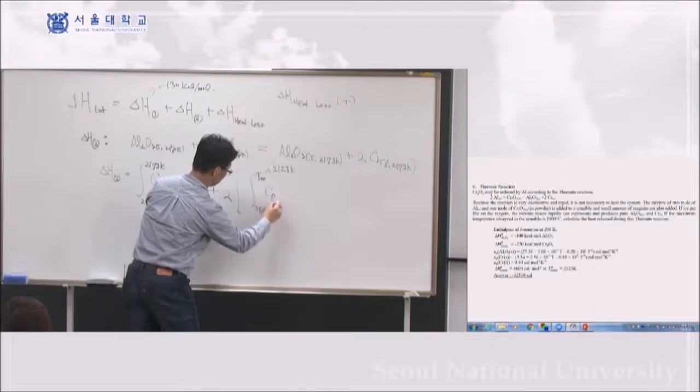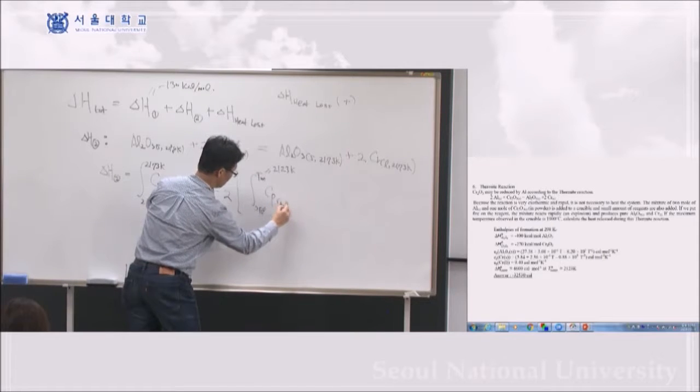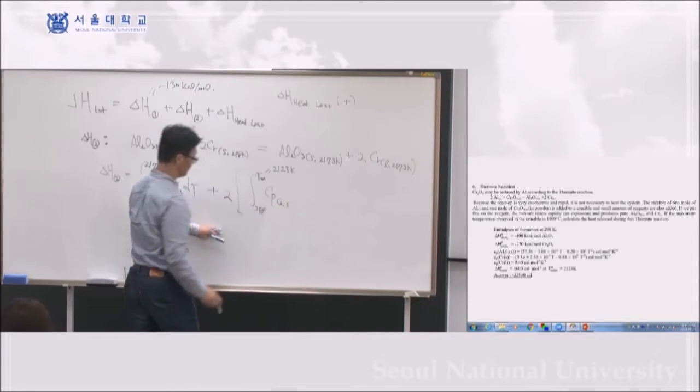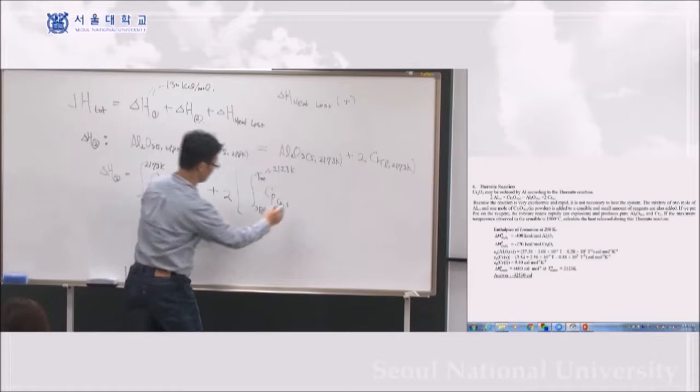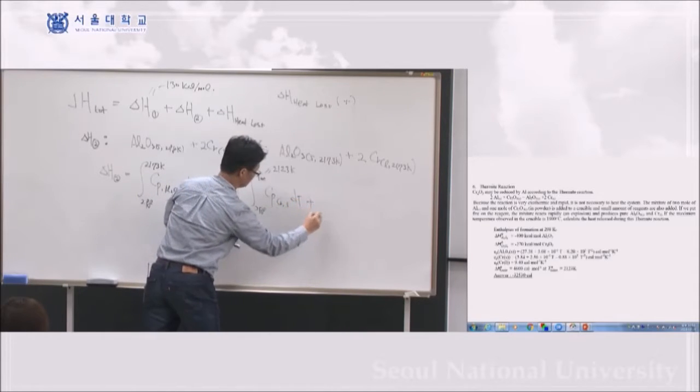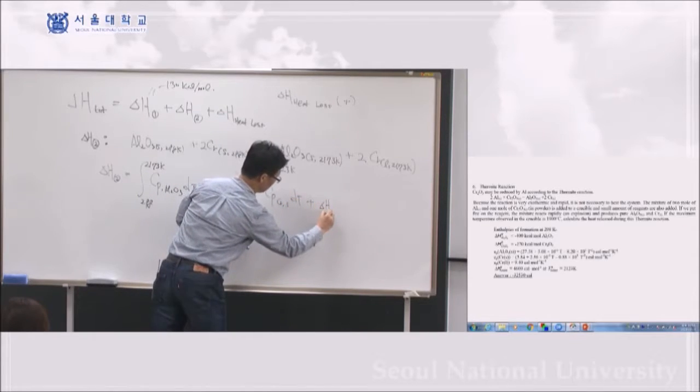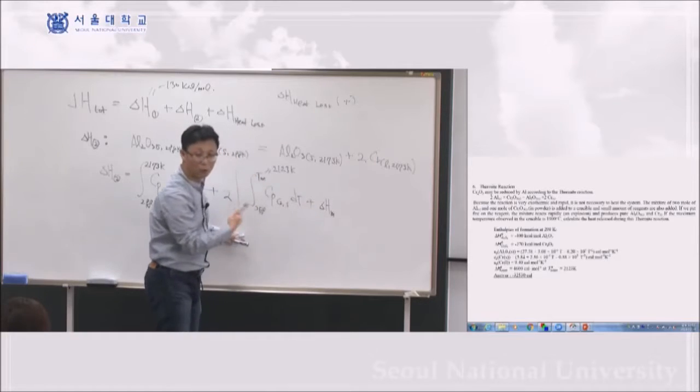Because we have phase transformation. So this one, integral from 298 to the melting temperature, Tm, and that Tm is 2123, so this is 2123 Kelvin, and Cp of the chromium, in this case solid phase, solid state, dT, plus delta H of the melting, in this case per mole.